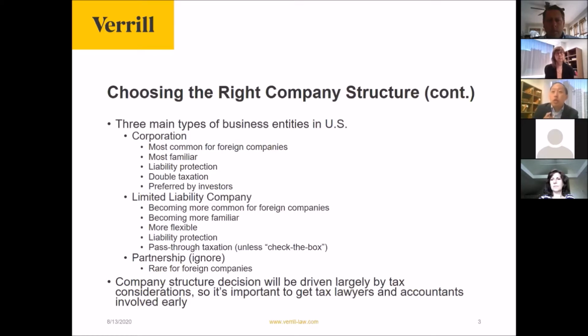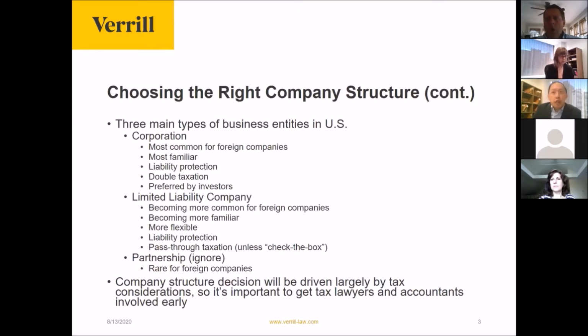So there's basically two levels of taxation. That's typically not a beneficial thing for shareholders in the U.S. Internationally, however, this double taxation is generally a benefit in that, in effect, it acts as a tax blocker and shields the U.S. subsidiary's activities from the non-U.S. activities of the foreign company.